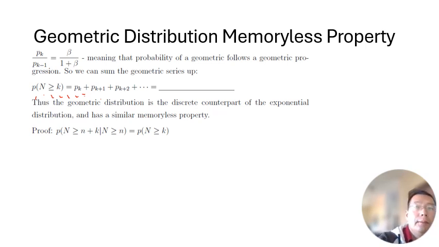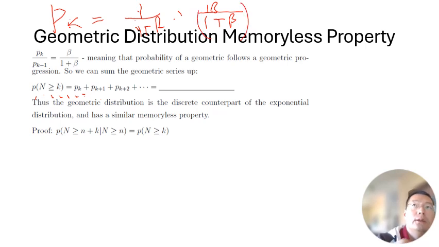We know that p_k, if we consider the number of failures before one success, has the success part 1 over 1 plus beta and the failure part beta over 1 plus beta to the k.